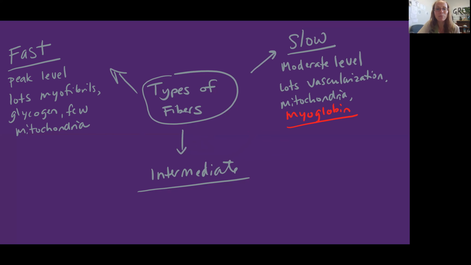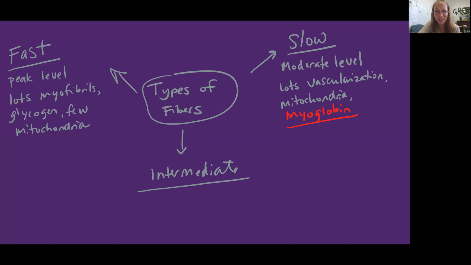So if you are doing activities that are more that peak level of activity, sprinting hard, lifting heavy weights, sustaining that for a long period of time, then your intermediate fibers are going to look more like your fast fibers. If instead you're doing the slow training, the marathon, the aerobic types of exercises, then your intermediate fibers are going to look more like your slow fibers.